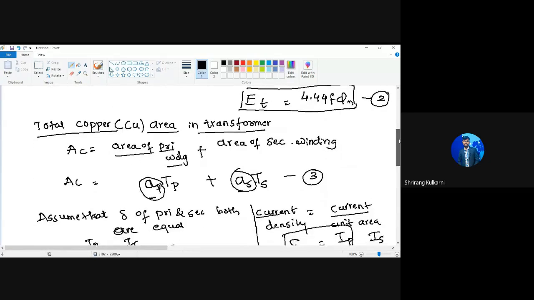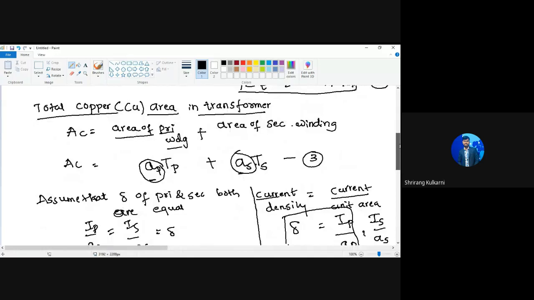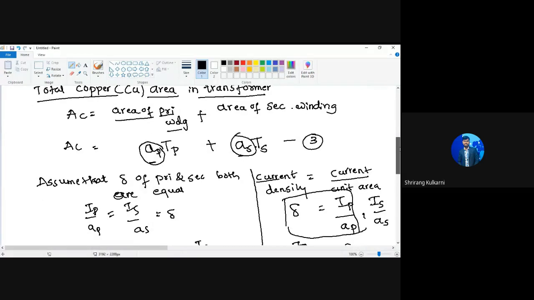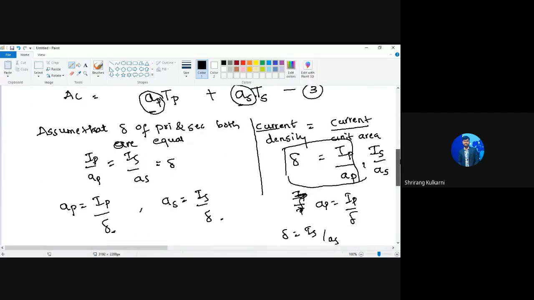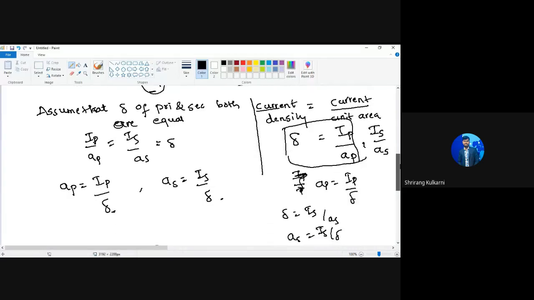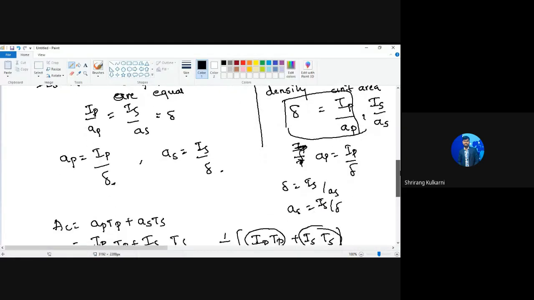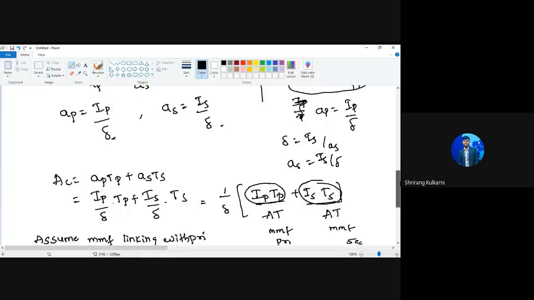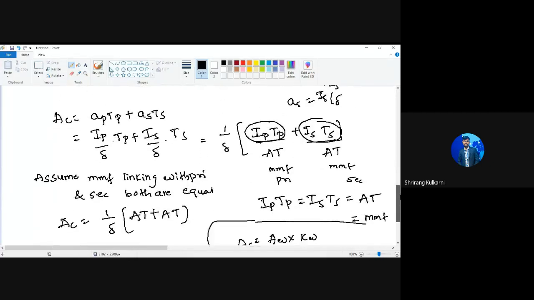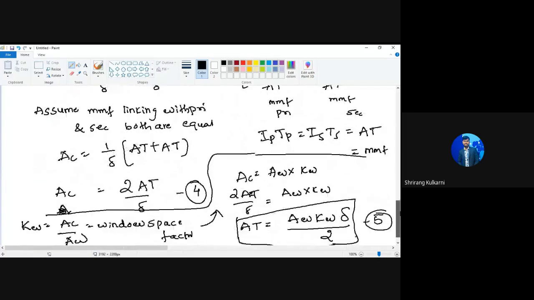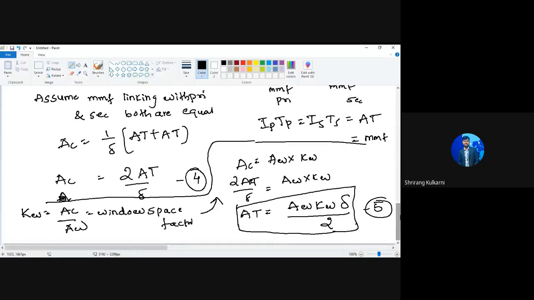In that copper area, we wrote it in terms of delta, the current density, and in terms of MMF. After that, we did the window space factor. With the help of that, we got the equation for AT in terms of all these things.